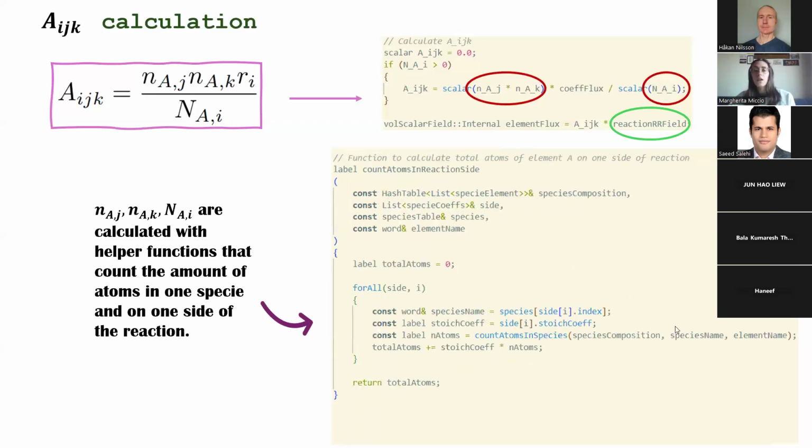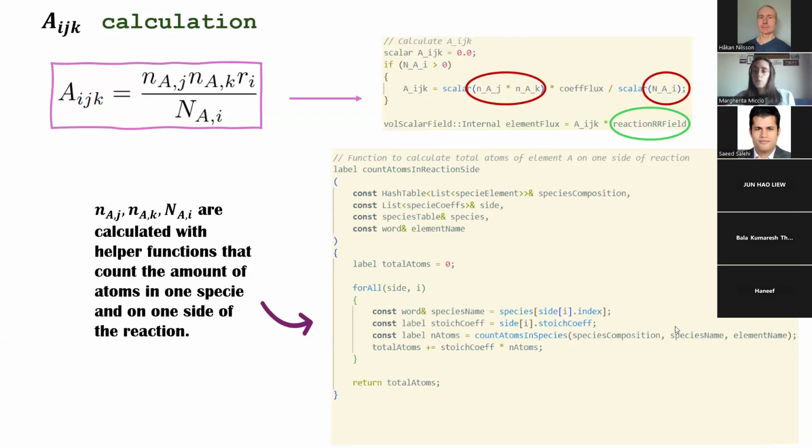And then we will also implement another helper function, which is count atoms in reaction side, and it will count for each species the number of atoms of that element, and then it will sum up with the other species included in the right-hand side or left-hand side.